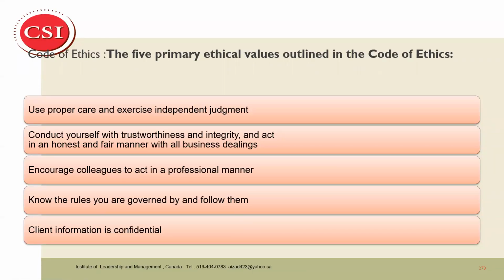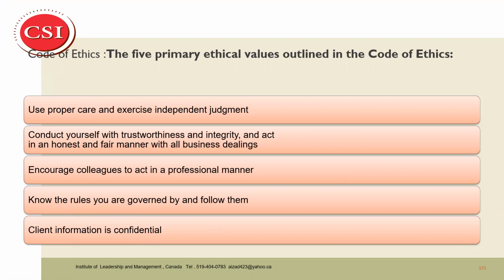So, code of conduct. There are five primary ethical values outlined in the code of conduct. A lot of things are quite obvious, but you still need to know them for the exam. Use proper care and exercise independent judgment, meaning you are making sure that you are following the client.